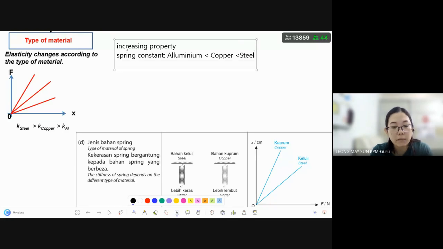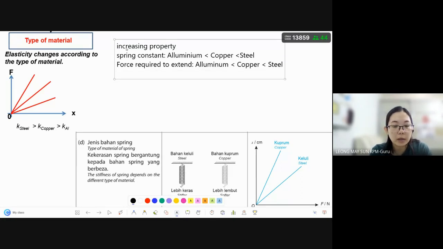What does it mean? It means that the force required to extend aluminium needs more force compared to copper, but the one that needs the most force to extend is actually steel.